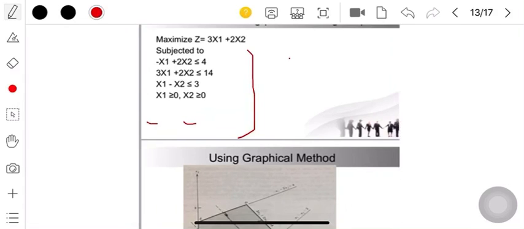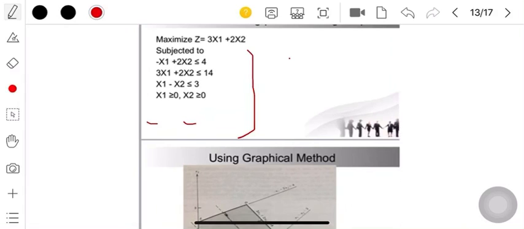Basically, the simplex method is a step by step method which moves from an initial basic feasible solution to optimality. Like I discussed in the graphical method, after satisfying all the constraints we have the corner points.